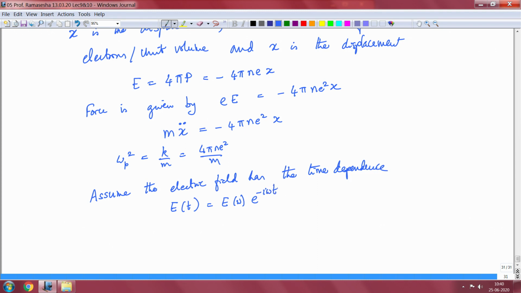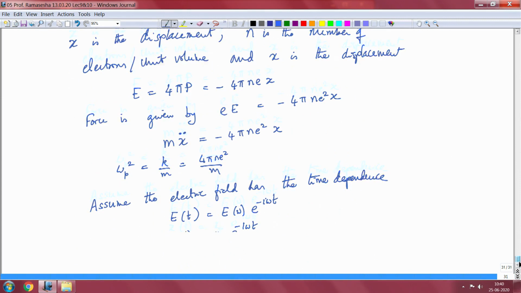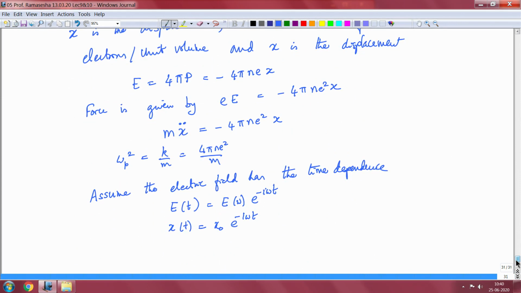X will also have a similar time dependence. X of t will be equal to x naught e to the minus i omega t. So what we can now get is an expression substituting this in the equation m x double dot. What we will get is the following.